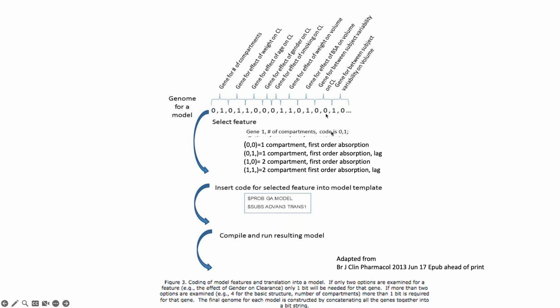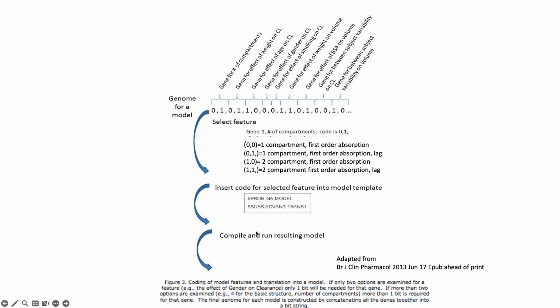You select a feature, right? So gene 1, the number of compartments, the code is, let's say, 0, 1, so that's a 1 compartment model with first order absorption, right? A 1, 0 would be a 2 compartment model with first order absorption. The code is inserted into the model template. You see the token, and then you compile and run the resulting model.